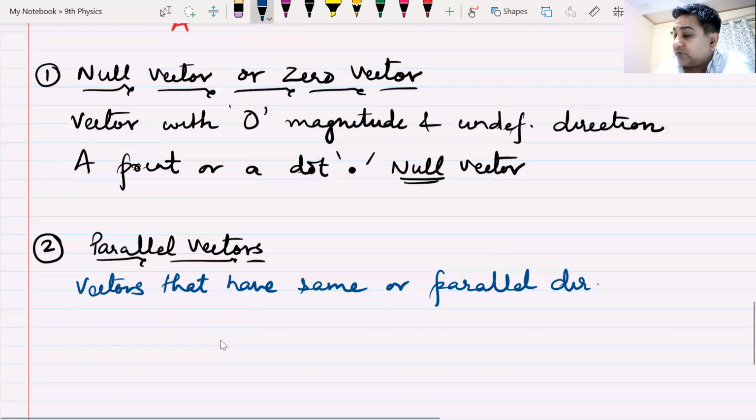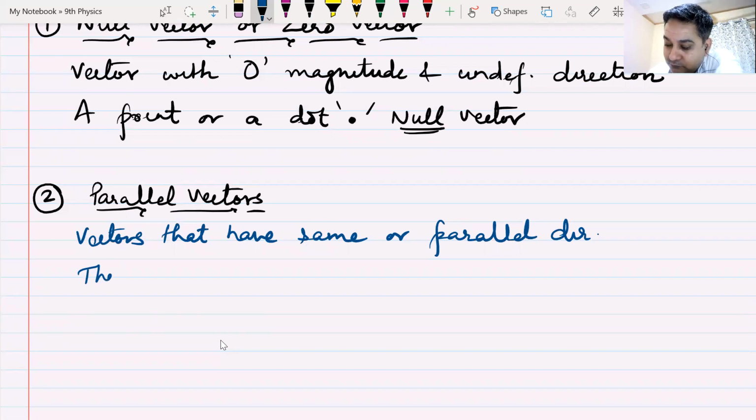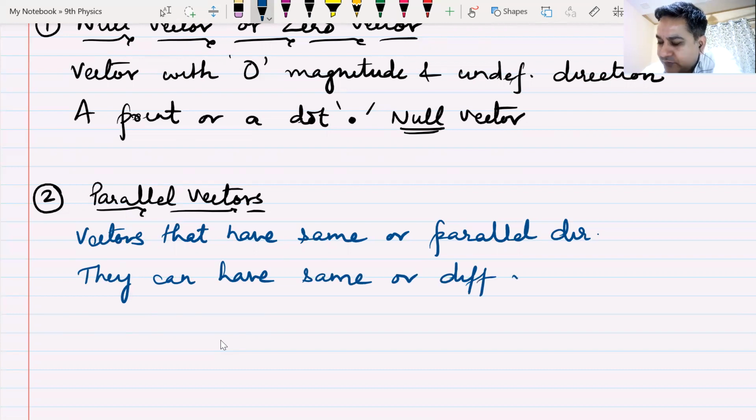What about magnitudes? They can have any length. So same or different lengths or magnitudes. Because we are not talking about magnitudes here, we are only talking about their direction. So they have the same or parallel direction, but they can have any magnitude. Magnitude can be same, magnitude can be different. Am I clear?